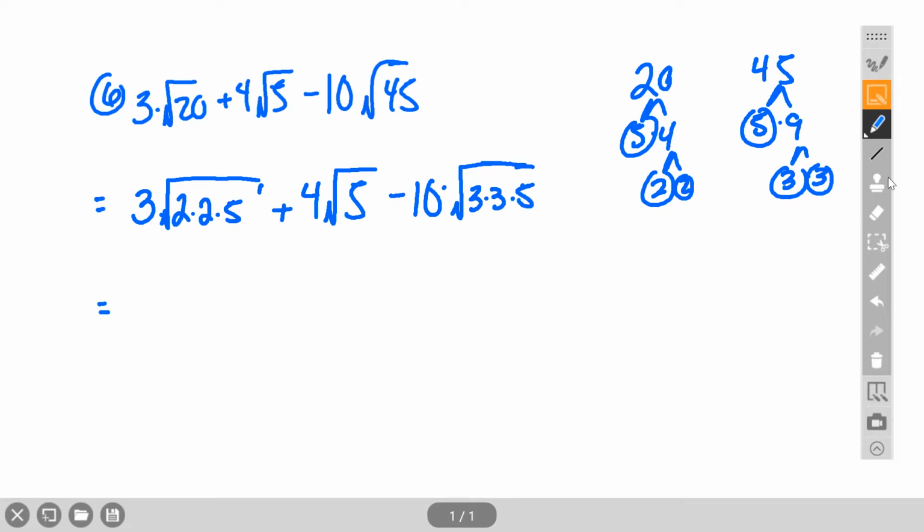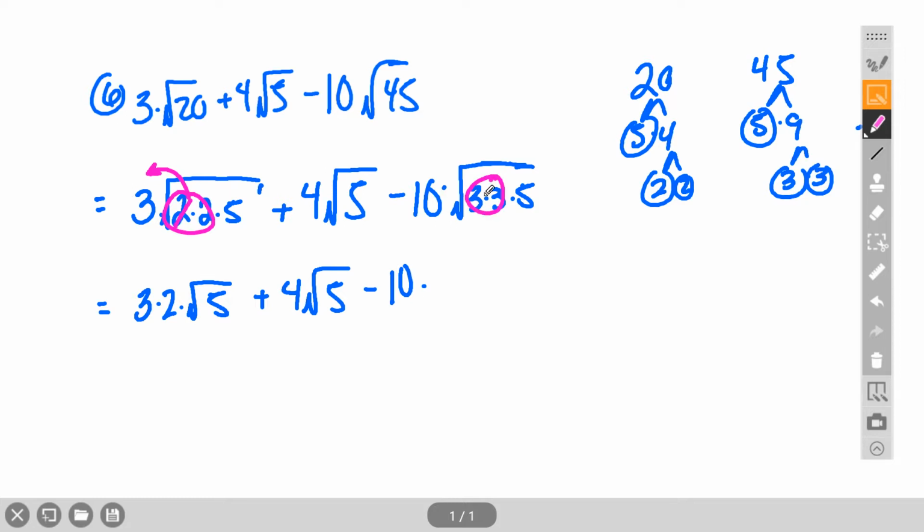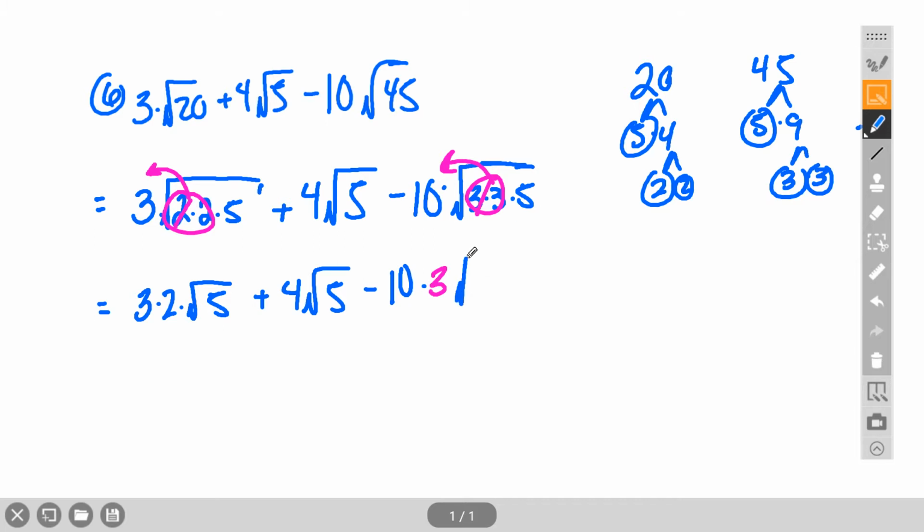And then we can start pulling stuff out. So it's 2 2's, so I can bring a 2 out because this is a square root. So that's 3 times 2 times square root of 5, plus 4 square root of 5, minus 10 times, I can bring out 2 3's, so times 3, and what I have left under the radical is a 5.